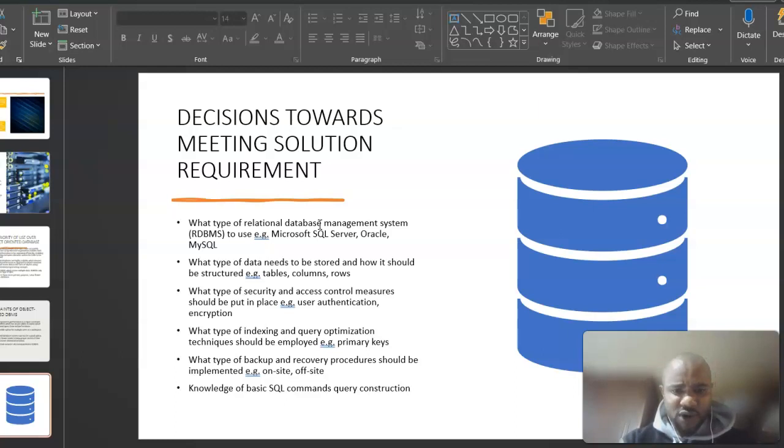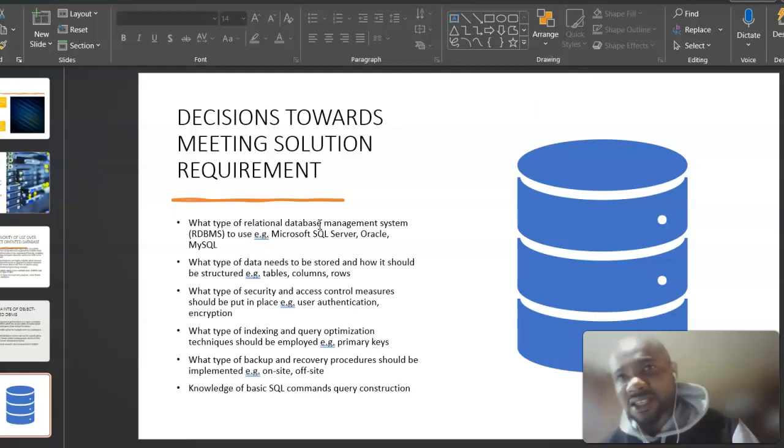What type of backup and recovery procedures should be implemented? For security reasons also, we need to have a backup for our databases. So maybe our backup plan should be on-site or off-site, somewhere away from the premises of our workplace, not in the system where the database is being stored.